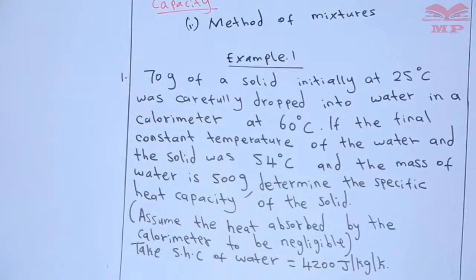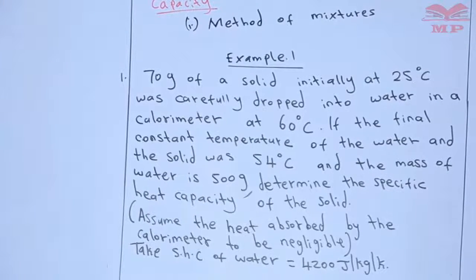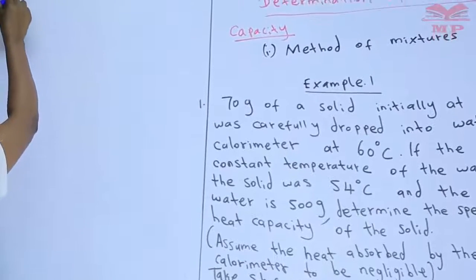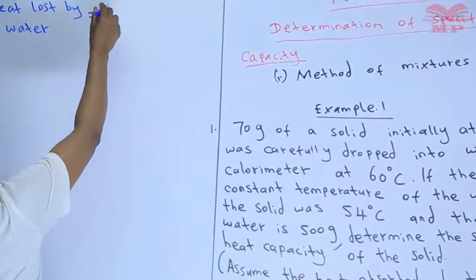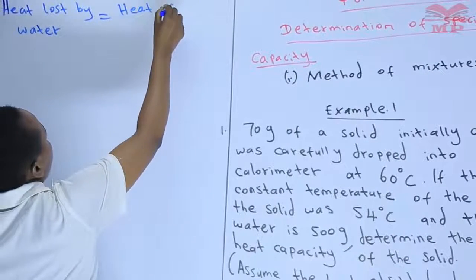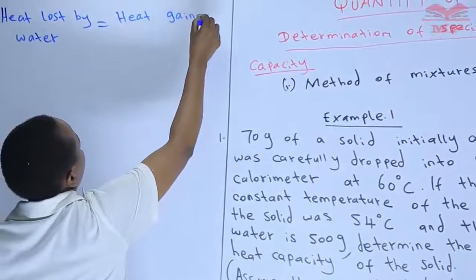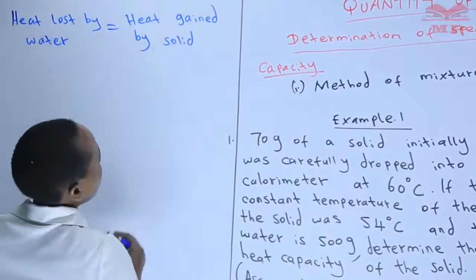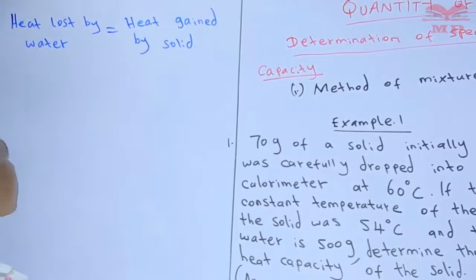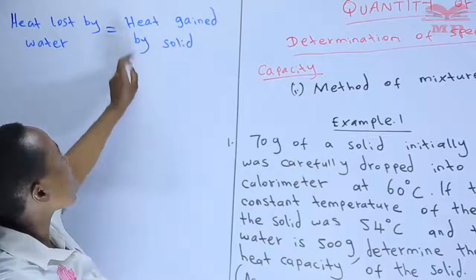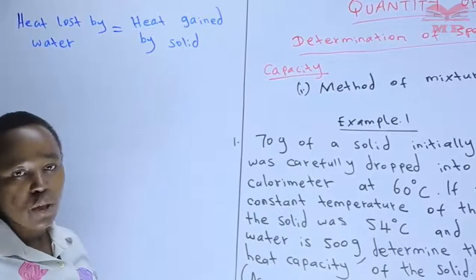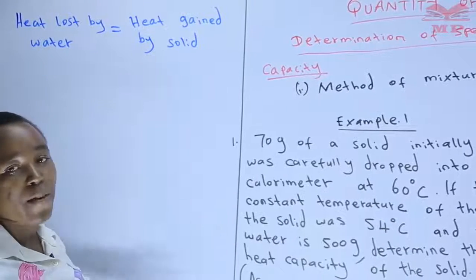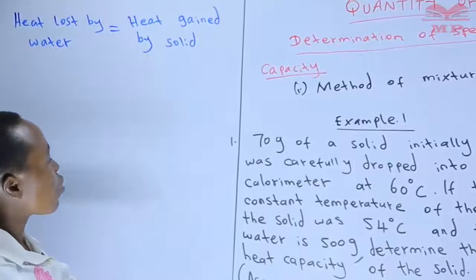So we'll start by saying that heat lost by water is equal to heat gained by the solid. So that is very key. Heat lost by water is equal to heat gained by the solid. Then after that, we can analyze and see what we are given so that we can calculate.